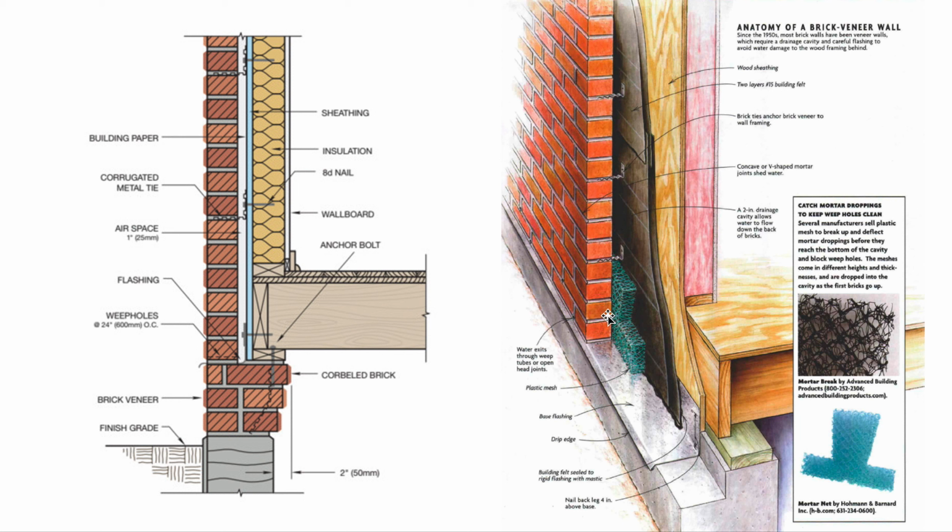Because if water continues to build in here and then it freezes, you're going to crack your brick and get structural damage. So that's why we do that. This actually has a nice plastic mesh down in here, and that helps to deal with any of the mortar droppings when they're putting the brick in, so that they don't plug up those weep holes.